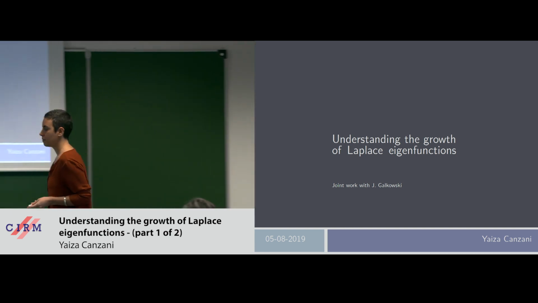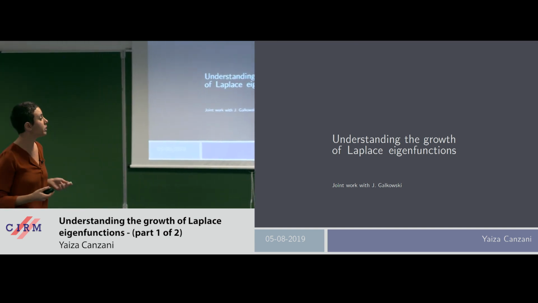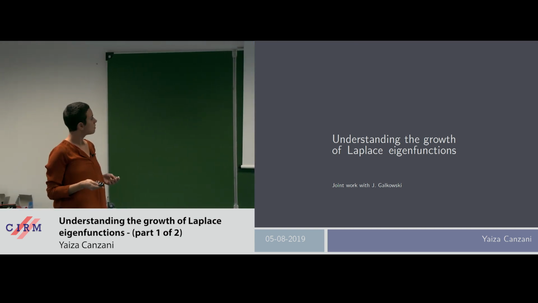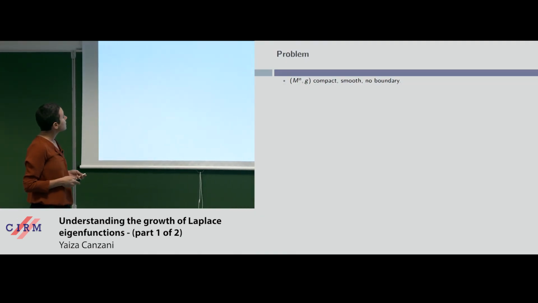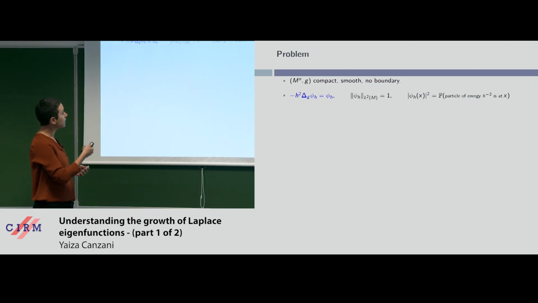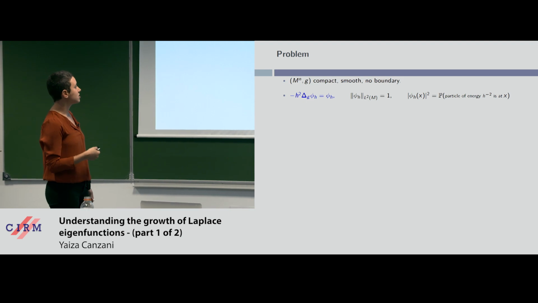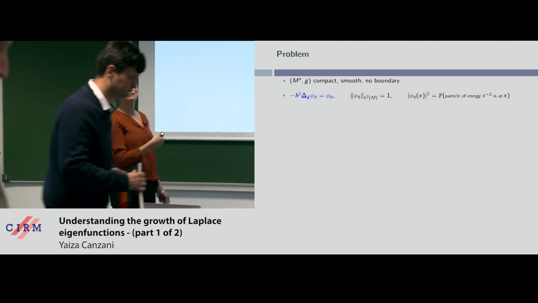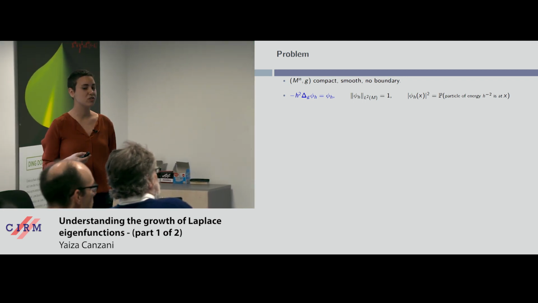Okay. So the manifold is compact, it's smooth, it has no boundary. That's this first line here. And the second line is just what our eigenfunctions are. And this is just in case you need further motivation to work with eigenfunctions.